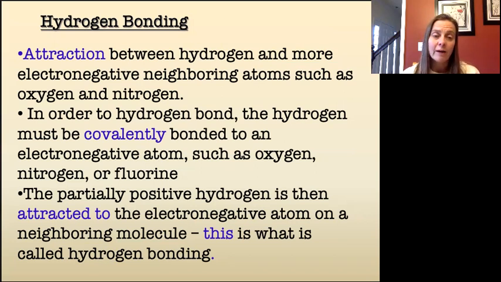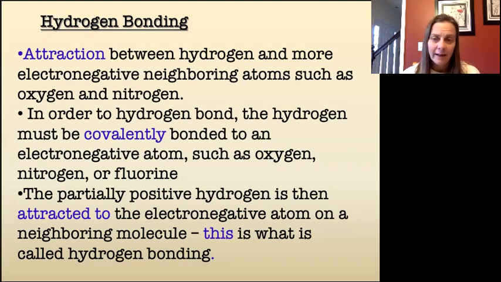But in order to hydrogen bond, the hydrogen that's being attracted to those neighbors has to be covalently bonded to oxygen or nitrogen or fluorine. So we have to think NOF, or FON, however we want to think of it: oxygen, nitrogen, or fluorine. So the hydrogen has to be covalently bonded to one of those.